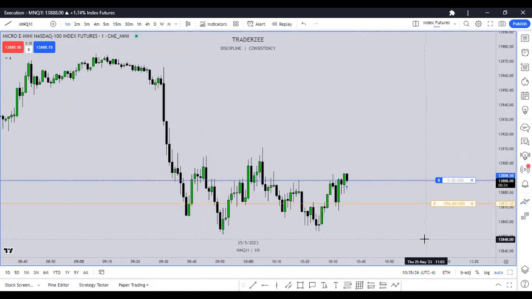So I got a little disoriented. I don't know what happened with TradingView back there. So we took a 1.25% loss. Now we're going long again with Nasdaq. Why? Because it is actually the relatively stronger one.